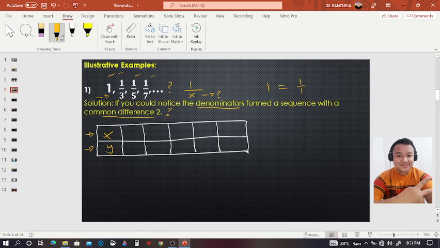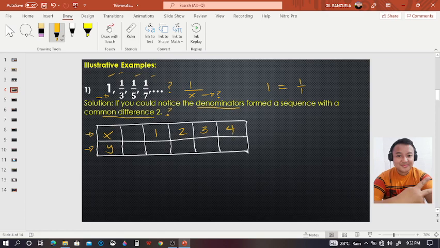Okay, let's proceed. We have 4 elements or 4 terms on the first exercise. Again, we're going to focus on the denominator, guys. So, our first term, second term, third term, and fourth term.